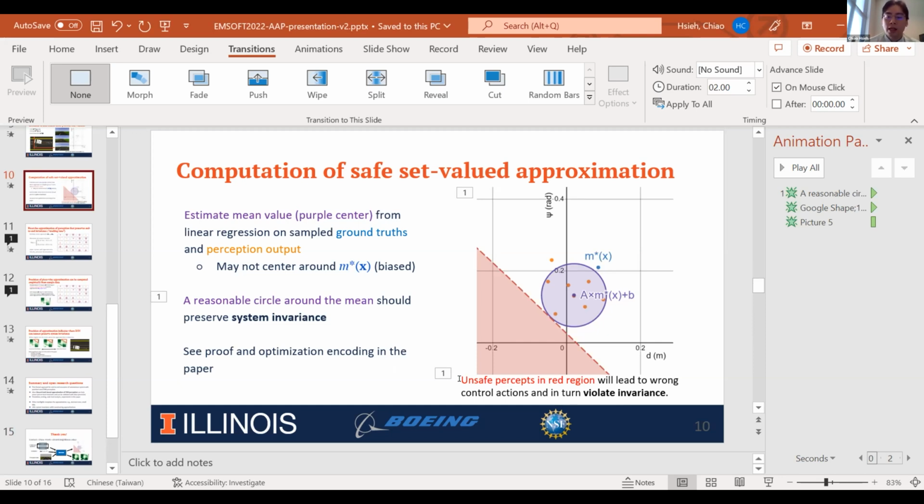The high-level idea is that we need the model of the dynamics and the controller, and then model it in a constraint solver, in our case, a constraint optimization solver. Given that, the only unknown part is the perception, and we can symbolically define what the unsafe perception is, and we find the radius that minimizes the distance so that it doesn't touch this unsafe perception region. The details are in the paper, and I will also attend the poster. I'll be happy to answer more questions offline.